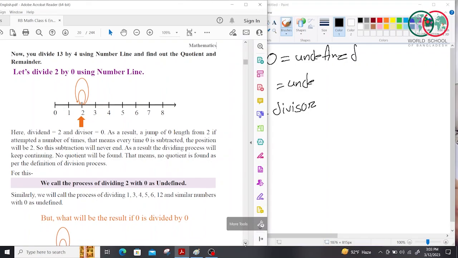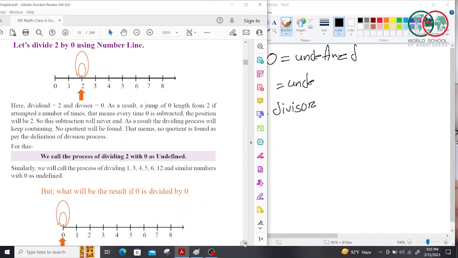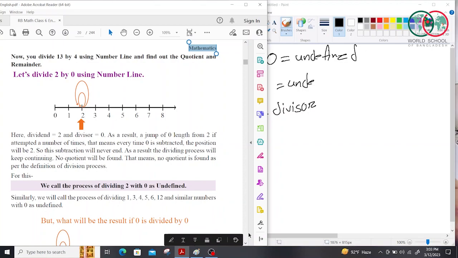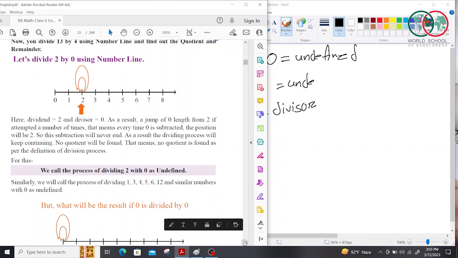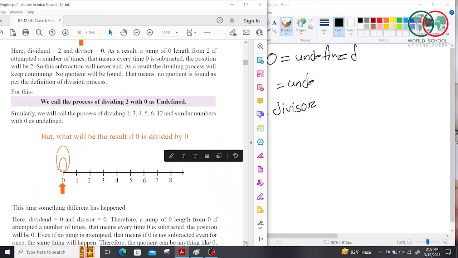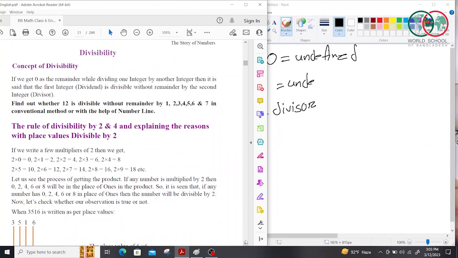Our next topic is what happens if we divide 0 by 0. Similar thing, if we divide 0 by 0, it comes back to 0, like we start from 0 and it again comes back to 0.